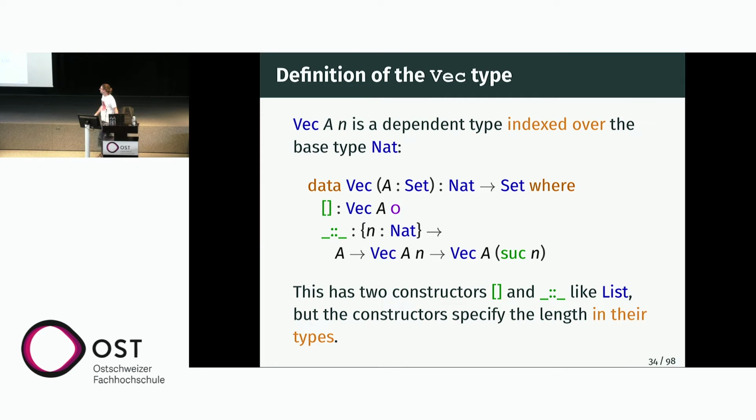What's the difference? The parameter A is the same for every constructor, so the type doesn't change, while the length can be determined individually by each constructor. The empty vector chooses the length 0. The cons for vectors takes a vector of length n as the tail and then produces something of length successor n.